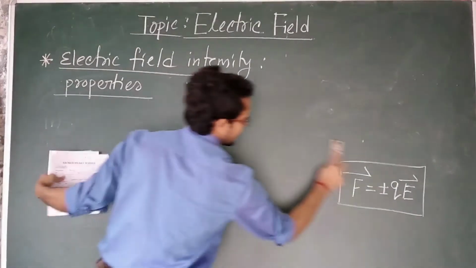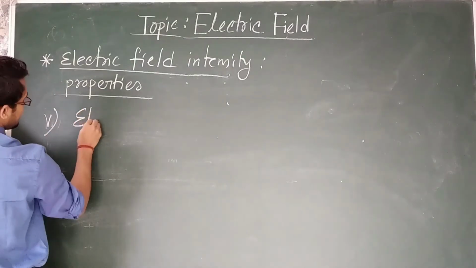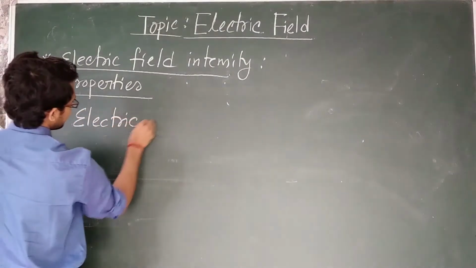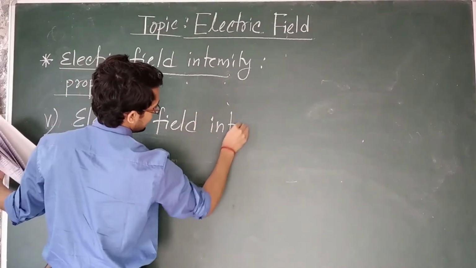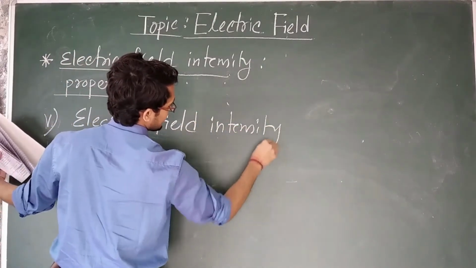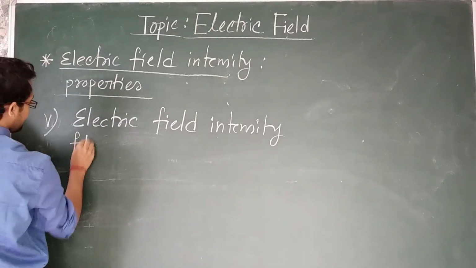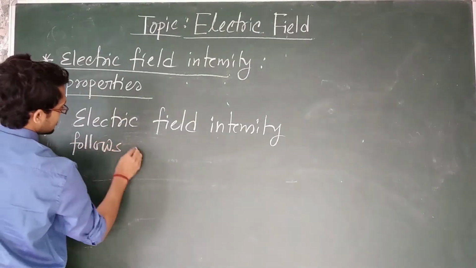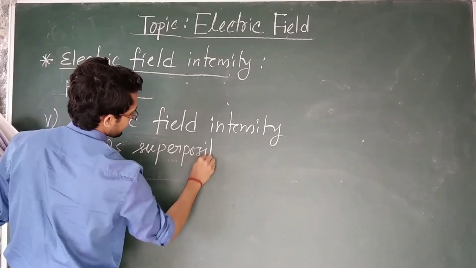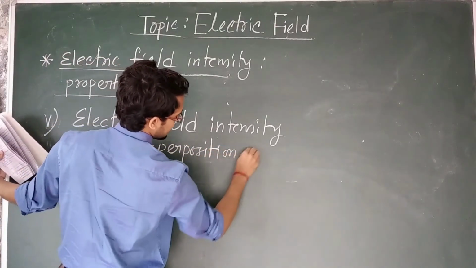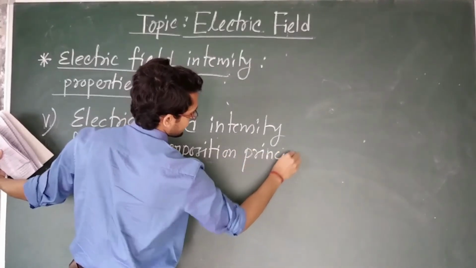Point number 5. Electric field intensity follows the superposition principle.